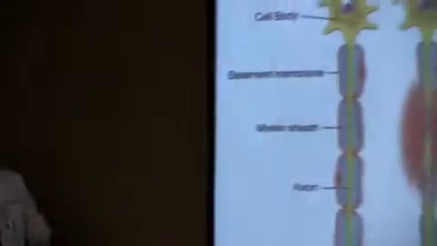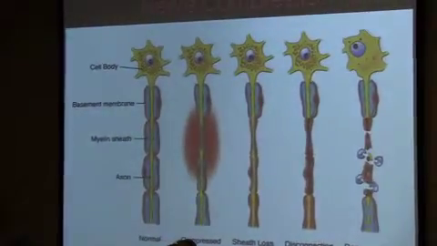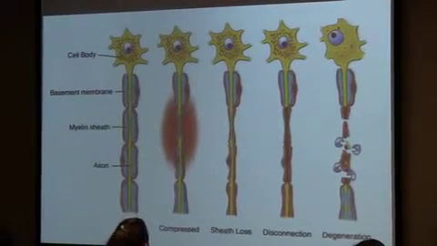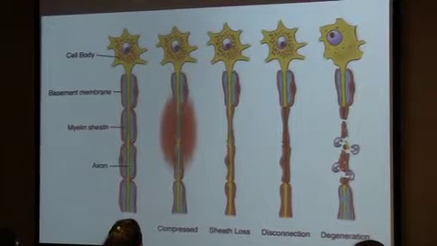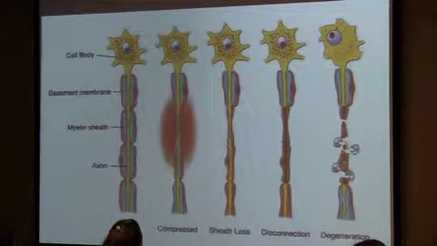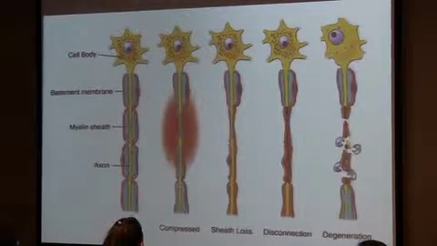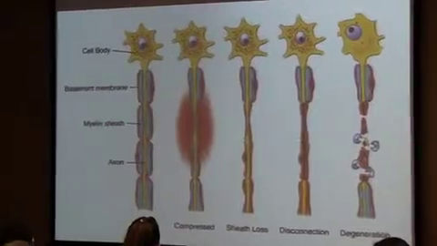And so this is another depiction of what's happening when we have compression. So a normal nerve here on the left. As you have compression, you're going to get sheath loss. So that's the myelin that's coating the nerve. What the myelin's doing is allowing the nerve to conduct its electrical signal in a speedy and good fashion.